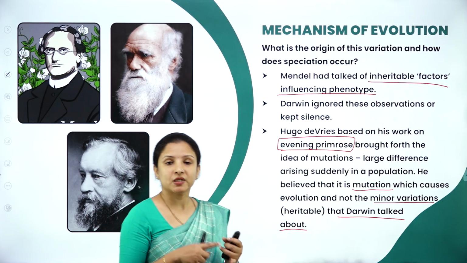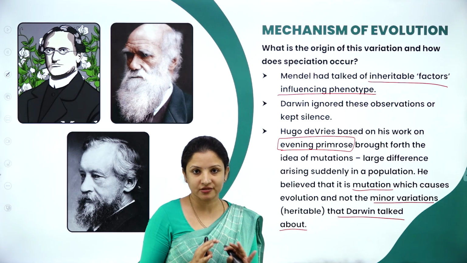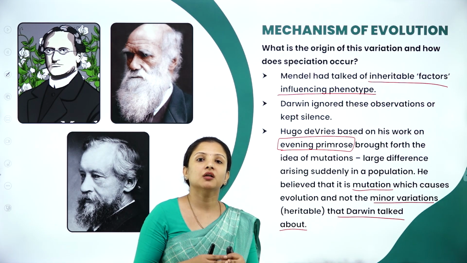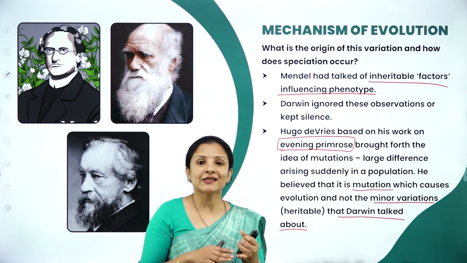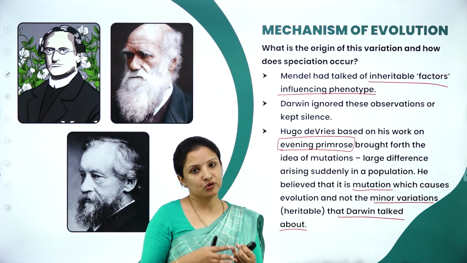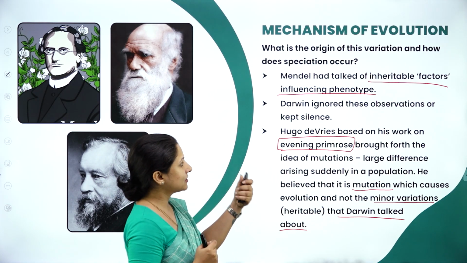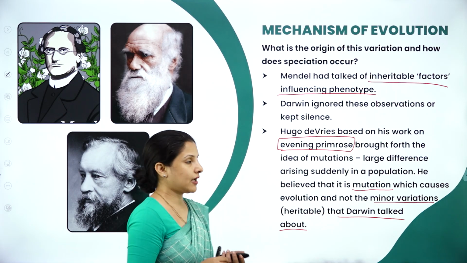So therefore, speciation can happen not just because of some minor changes in the organism, but variation in a particular population of organisms happens because of great changes in the genes or the mutation of the genes, according to what Hugo de Vries said based on the work of Mendel and based on his own work as well.